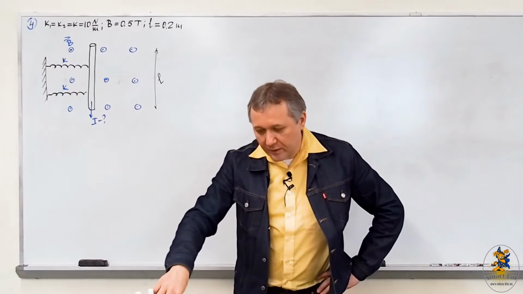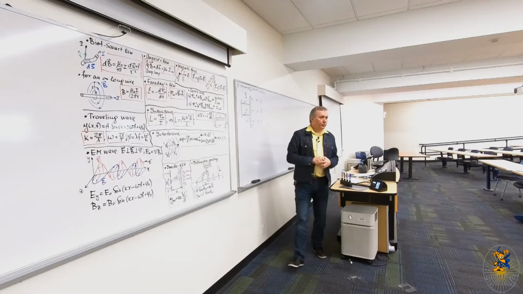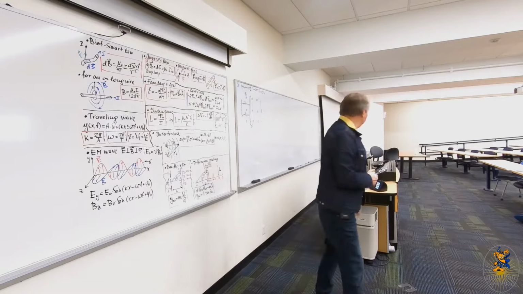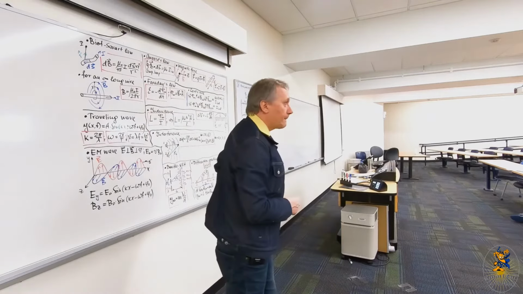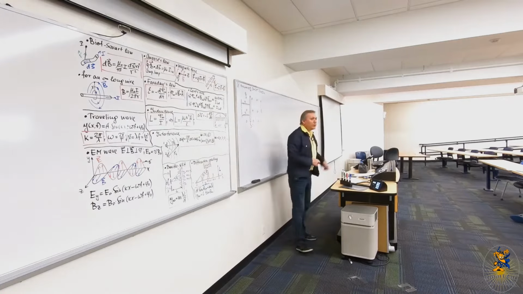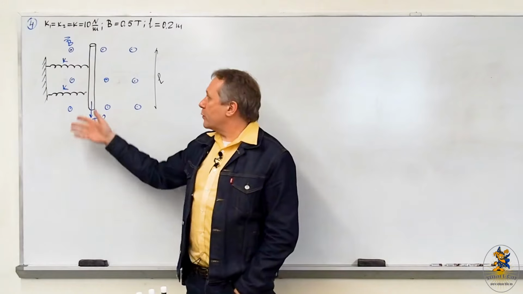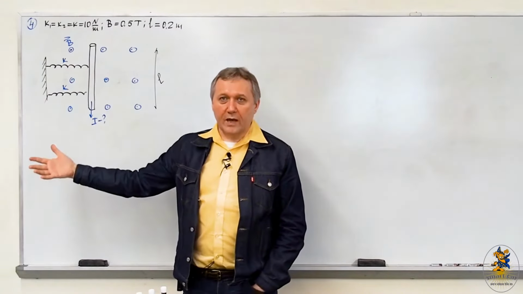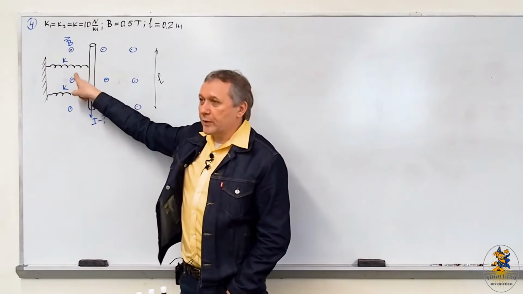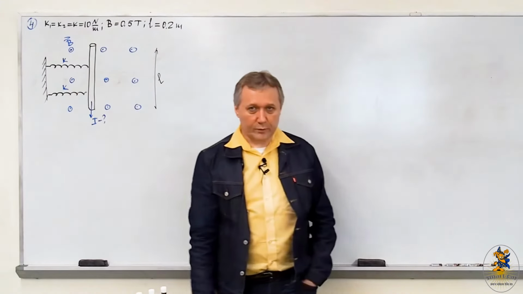There is another thing given, but in order to introduce that, I need to discuss the dynamics of this problem. Right now it's an equilibrium position of this wire. Of course there are several forces acting on this wire. There is a spring force, another spring force, and also most likely a magnetic force.